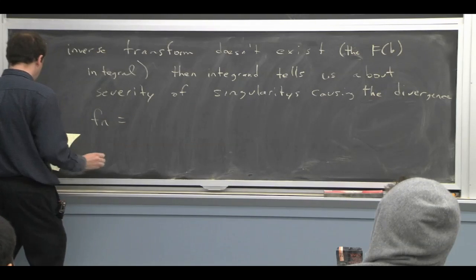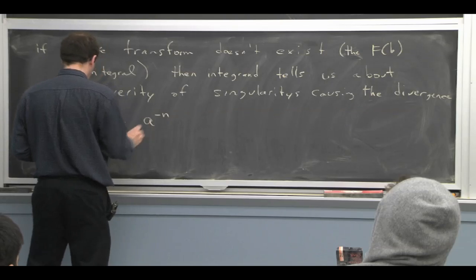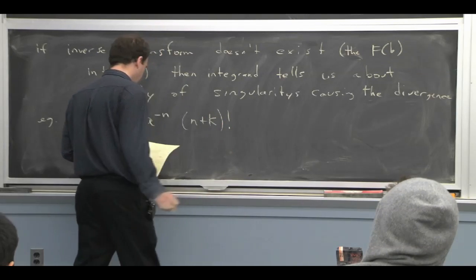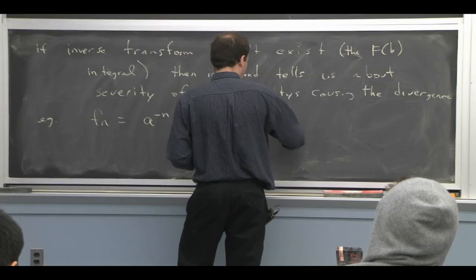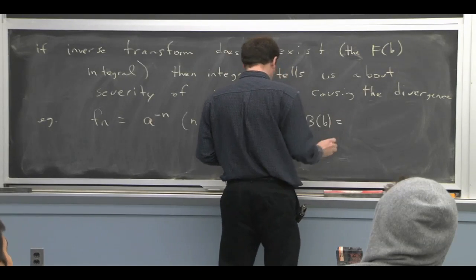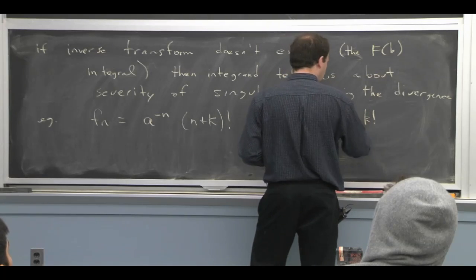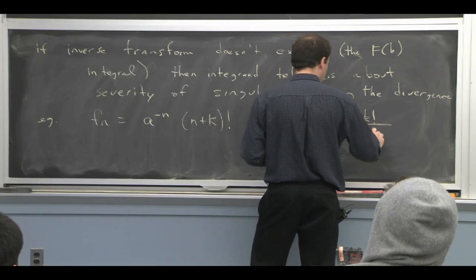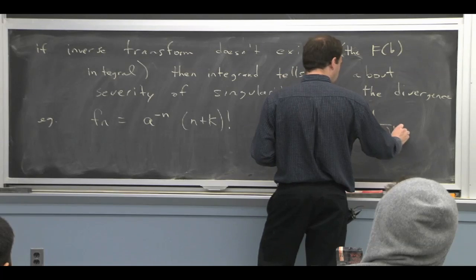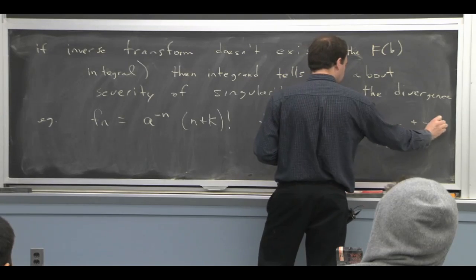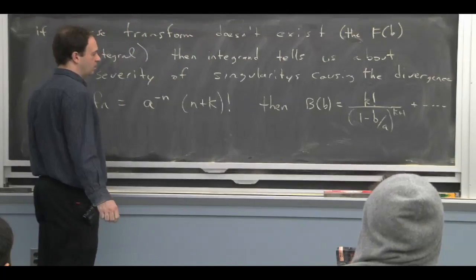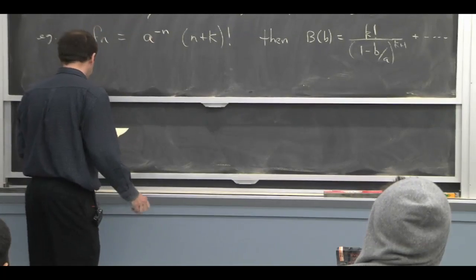Let me take f_n to be a^(-n) times (n+k) factorial. Then if we do the Borel transform of that, do the series, you can do it. And there's only one piece of it that we care about, so I'm just going to write that piece. There's this piece that has a kind of pole-like structure.